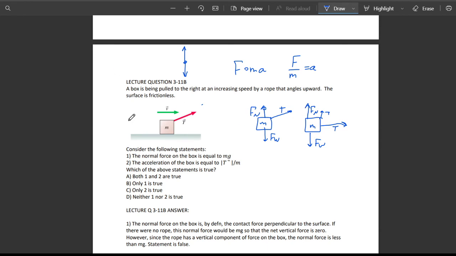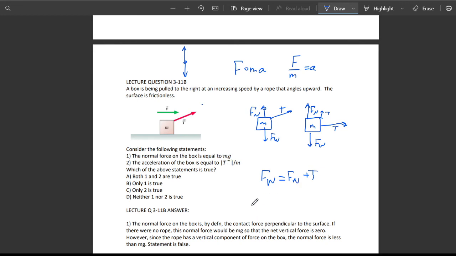So F sub W is equal to F sub N plus T, tension. So that must mean, statement 1, the normal force on the box is equal to mg.